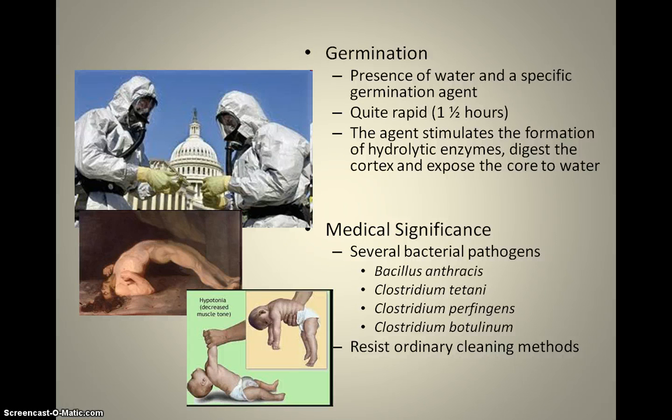Other diseases like tetanus and botulism, and Clostridium perfringens, which I think, if I remember correctly, causes gas gangrene. So it's the spores that are the causative agent that makes the person sick. This is tetanus, and this is botulism.